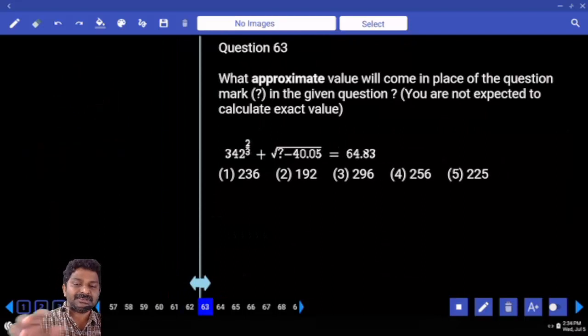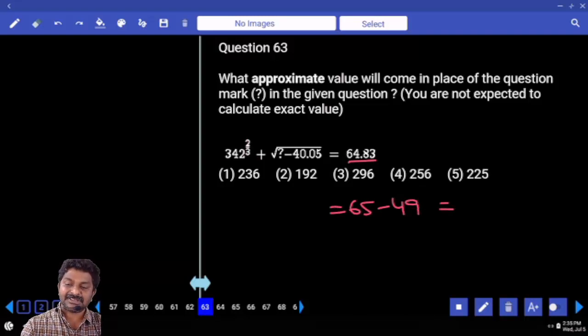Right, approximations. Which cube is this? To the power of 2 by 3, in the sense cube and by 3 gets cancelled. Finally what you will have? 7 square. How much is that? Right hand side how much is there? Minus, how much is that? 16, which is equal to root of x minus 40 only.